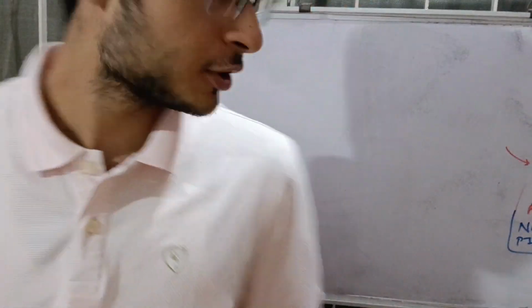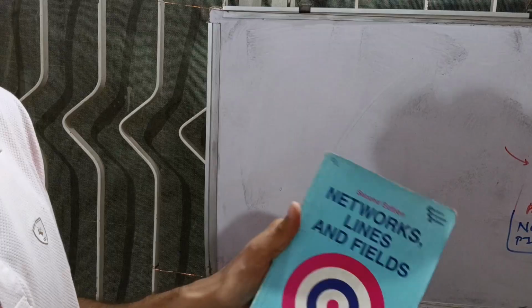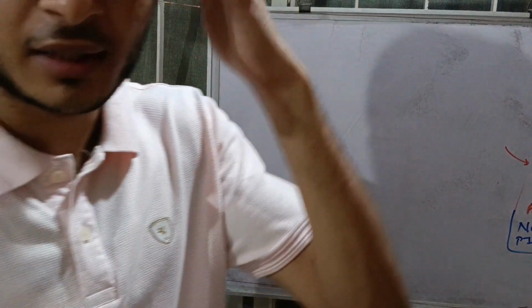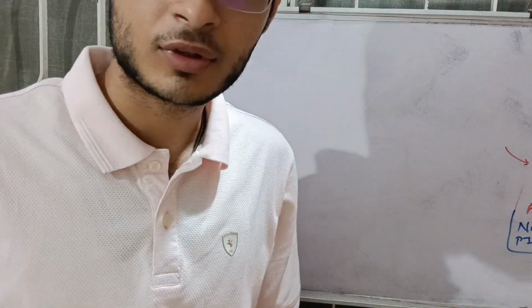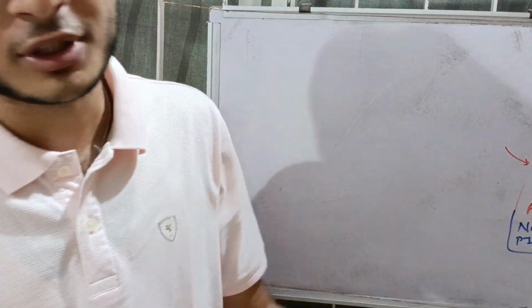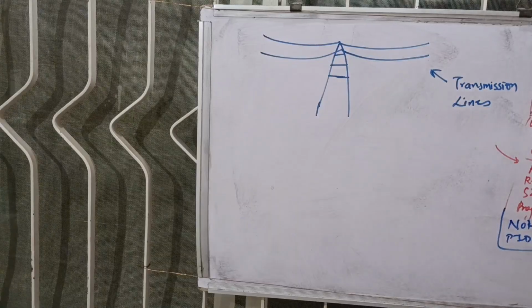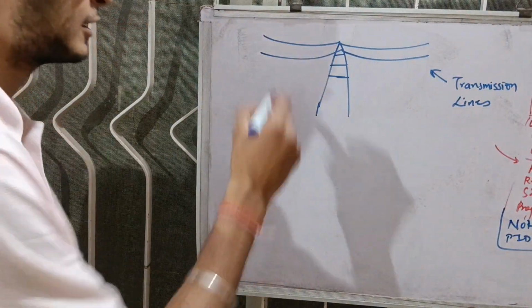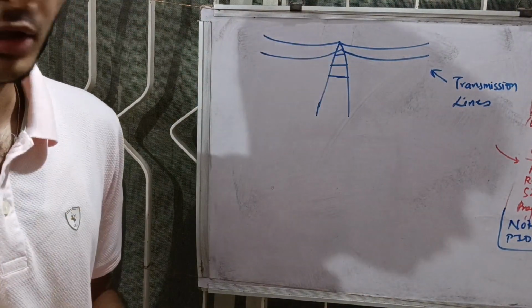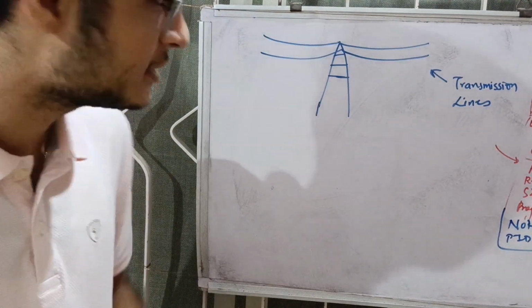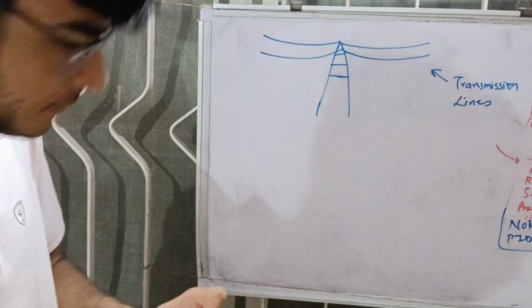So I was going to talk about transmission line theory. We're going to use the book Network Lines and Fields. We're going to start from the very basics of transmission line theory, and then progress to the other levels. You already know that these are transmission lines, two lines carrying high voltage AC.